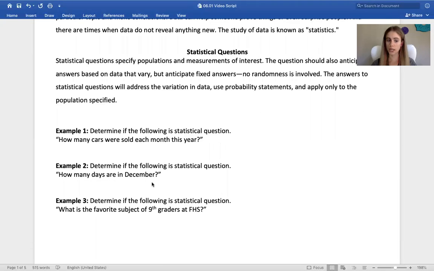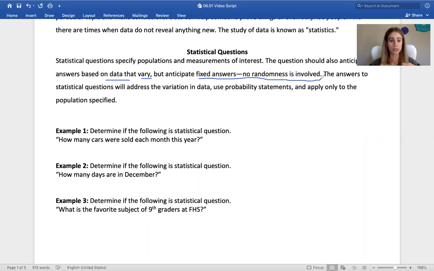All right, example 1. Determine if the following is a statistical question. How many cars were sold each month this year? So in order to help me understand this, I need to think, is this something where I could collect data on it? The data could vary, so I'd have different numbers, but there is a parameter. It's not going to be completely random.